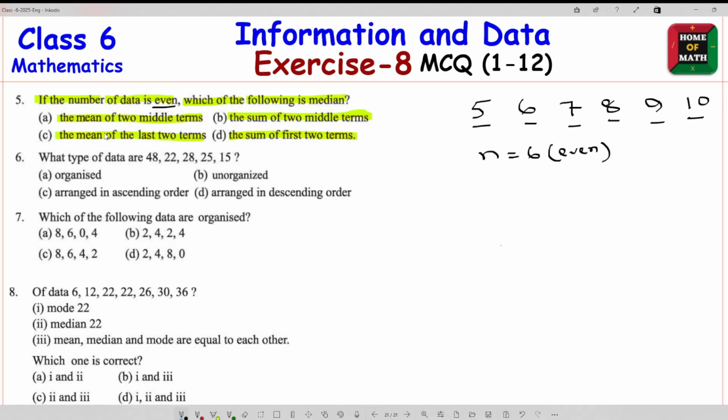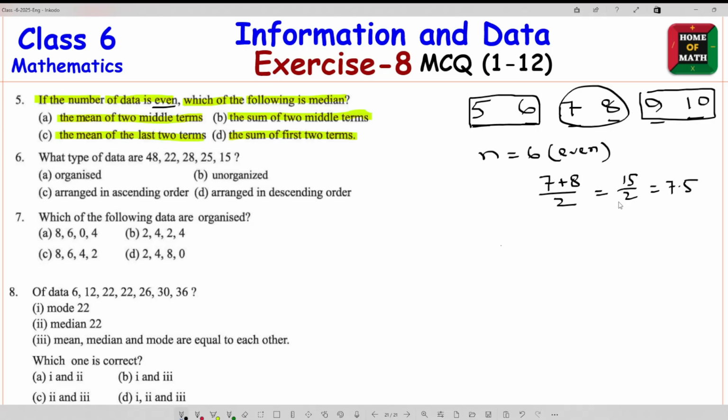Mean means the total divided by the count. It means 5 and 6 are one part, 9 and 10 another part, and 7 and 8 we add. 7 plus 8 is 15, divided by 2 is 7.5. What does this mean? It means the mean of the 2 middle terms. It's a mean, right? Mean.